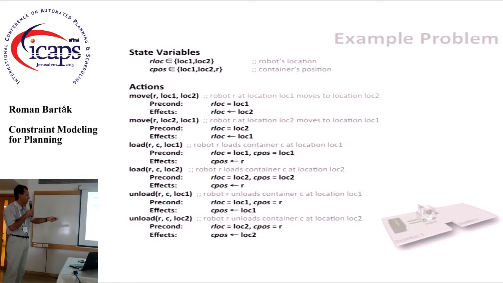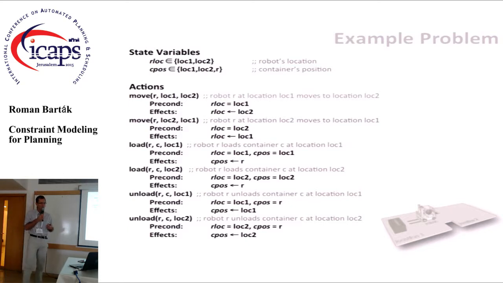So the precondition is the robot is at location 1, and the effect is it will be at location 2. Moving the other way, and loading and unloading operations. Loading and unloading is where the interaction between the robot and the container happens. For loading the container, the position of the robot and the container location need to be the same, and then the position of the container will be changed to be on the robot. And unloading means that the container will be placed at a given location. So that's just a very simple example to demonstrate some of the constraints.